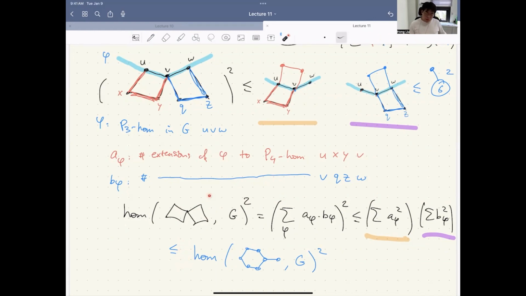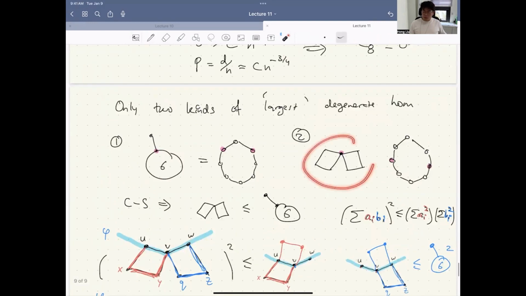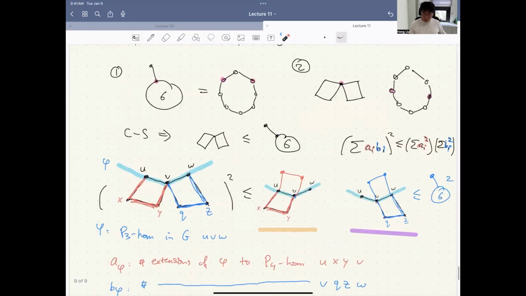So we show that the number of homomorphisms of this largest degenerate copy can be bounded by the first kind. So we may assume the first kind takes up a positive fraction of all C_2k homomorphisms.